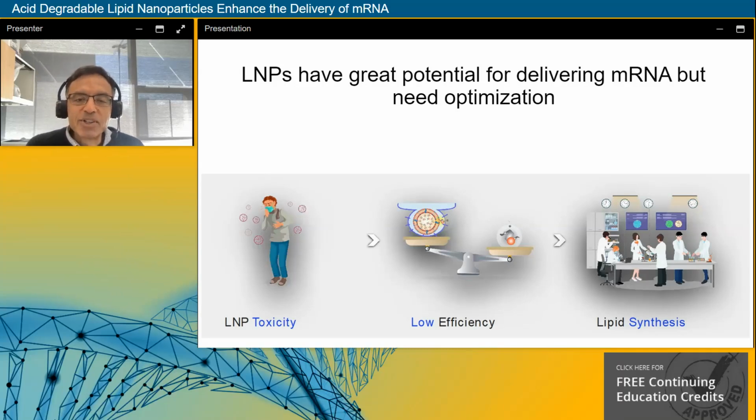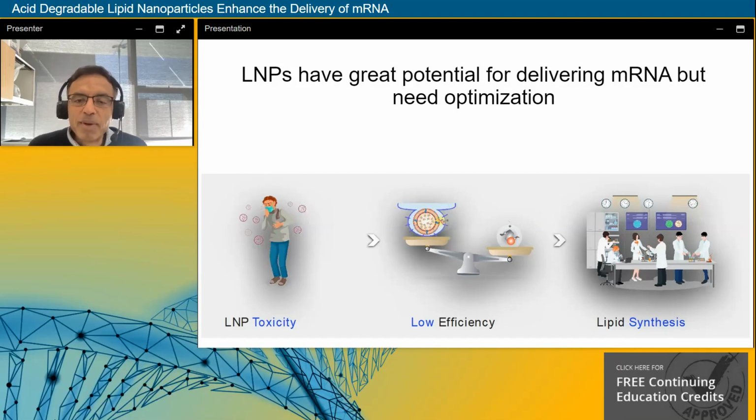Lipid nanoparticles currently suffer from 3 problems. The first one is they are quite toxic. They're toxic for several reasons. One is they can potentially be immunogenic, and they also cause inflammation. We'll discuss some strategies to mitigate their toxicity at the end of today's lecture.